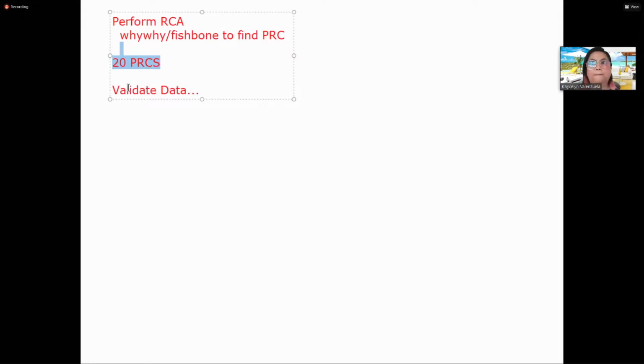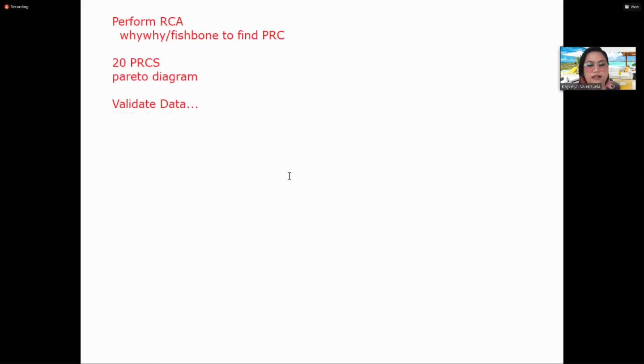Okay? Set your priorities. Alin ba yung potential root cause talaga out of these 20? So to help you do that, one thing you can use is Pareto diagram. Okay? So Pareto diagram will help you trim down this 20. Ano ba yung Pareto?